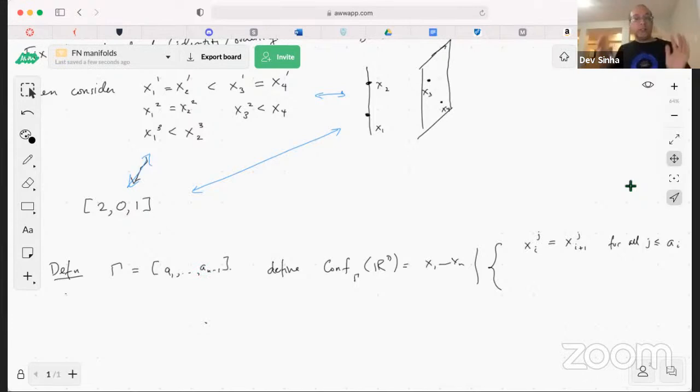If my first coordinates don't already agree, I don't care about the second coordinates. But if my first coordinates agree, and maybe my second coordinates agree, then I'll care about whether the third coordinates also agree or not. So that's these levels of agreement.